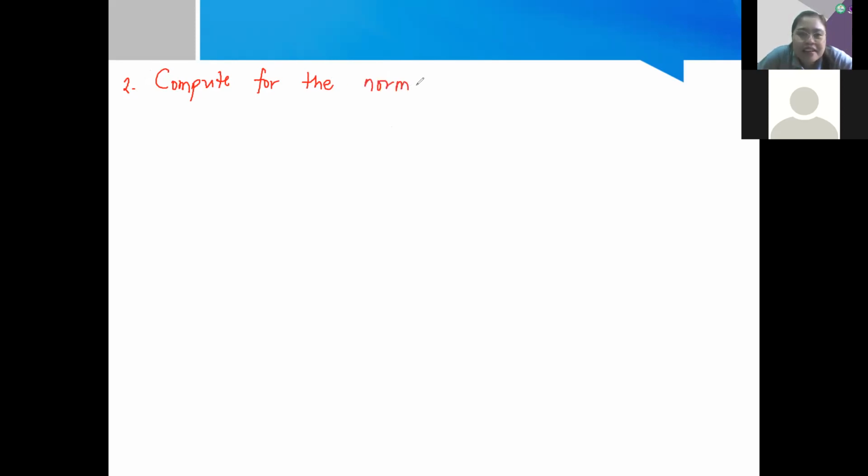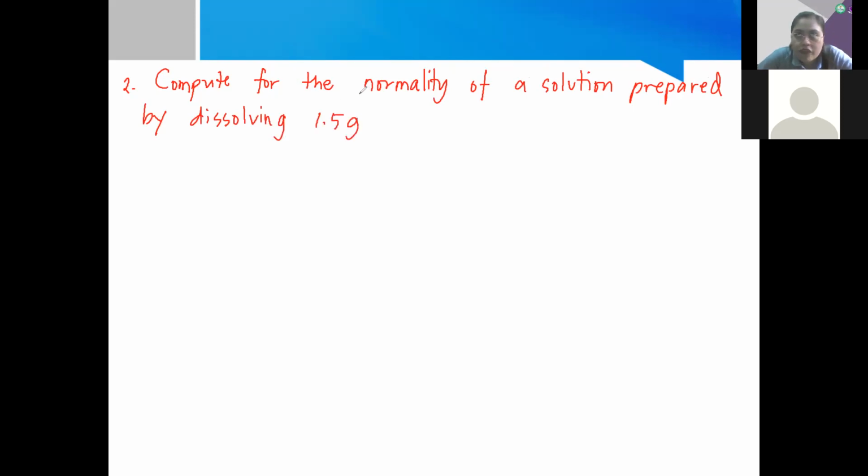Compute for the normality of a solution prepared by dissolving 1.5 grams calcium chloride in 2,800 ml solution.